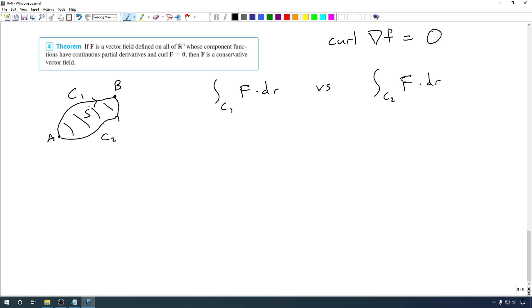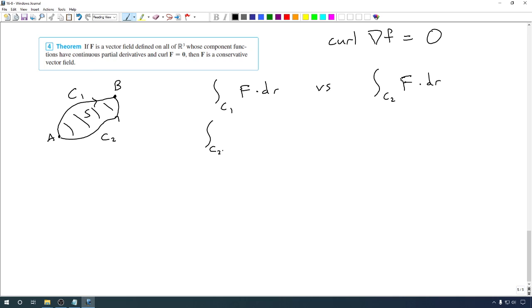But as long as we can actually form the surface, of course, we look at the integral over this entire boundary. Now, the way I've drawn it here, I had to pick what normal direction I have for S. Let's assume it's the upward one. Then the positive direction around the boundary would be to travel along C2 and then backwards along C1. To go all the way around, one of those will have to be opposite.